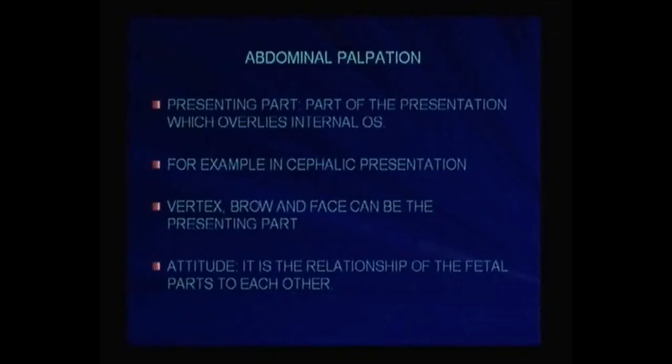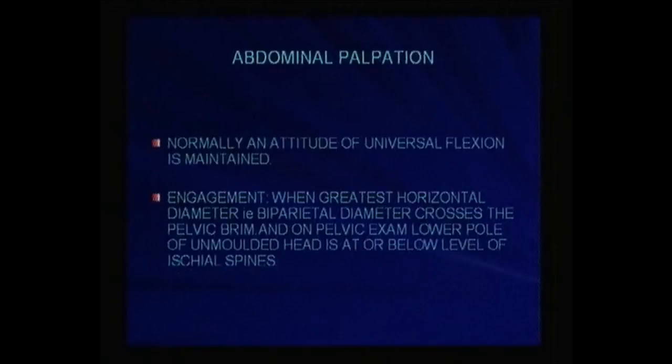The presenting part. This is a part of the presentation which overlies the internal os. For example, in a cephalic presentation, vertex, brow or face can be the presenting parts. Attitude is the relationship of the fetal parts to each other. Normally, the fetus maintains in a normal pregnancy an attitude of universal flexion.